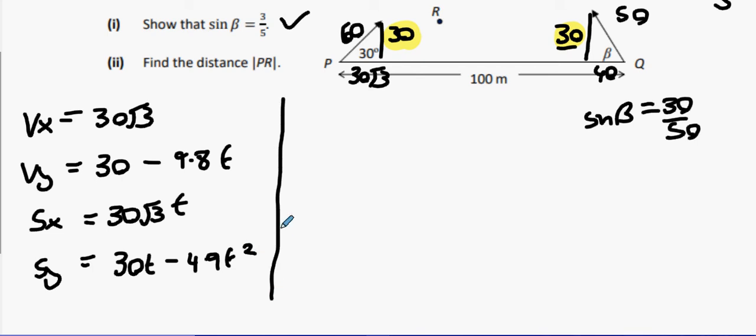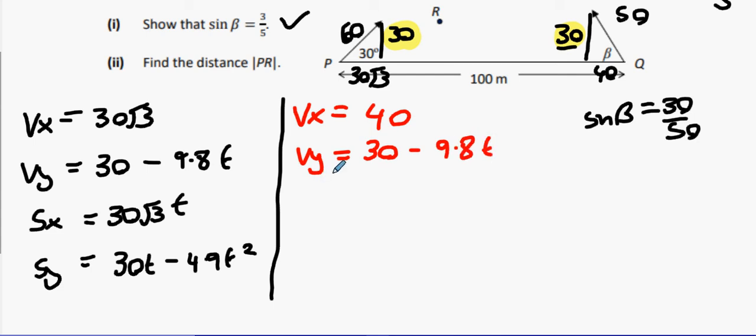That's the first one. Now for the next one. Vx is 40, stays at 40. Vy is 30 minus 9.8t. It's actually the same equation, isn't it? And Sx is quite simply 40t.